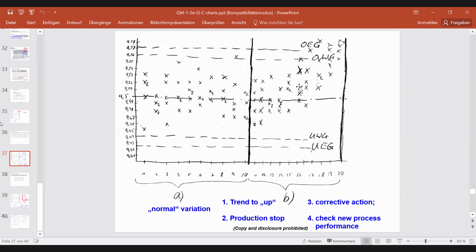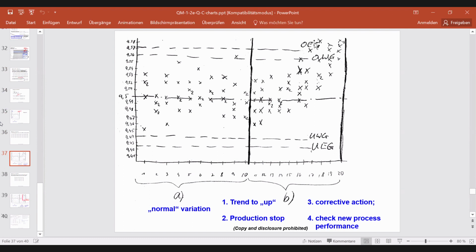And then they have a trend going much too far in the direction of the upper specification limits. It is going through the warning limit and also through the control limit. So this means they have to stop the process.